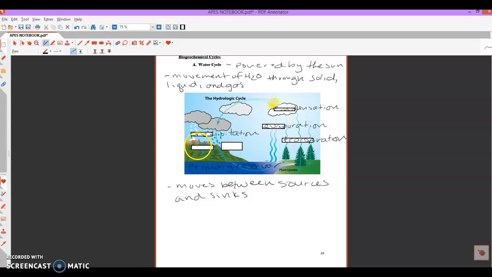It will either go into the ground or run off the ground. So if it runs off, guess what that's called? Runoff. And it will make its way back into a river, which will eventually make its way to a lake or an ocean. Okay, now if it goes into the ground, this is called infiltration. Okay, infiltration means it goes into the ground.